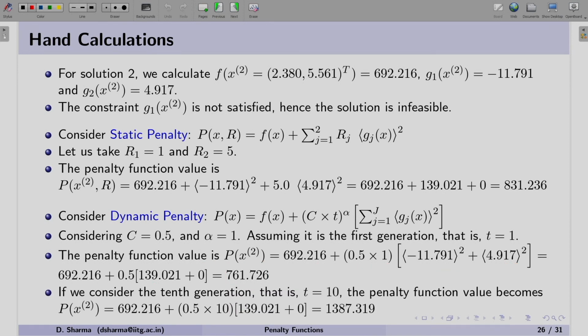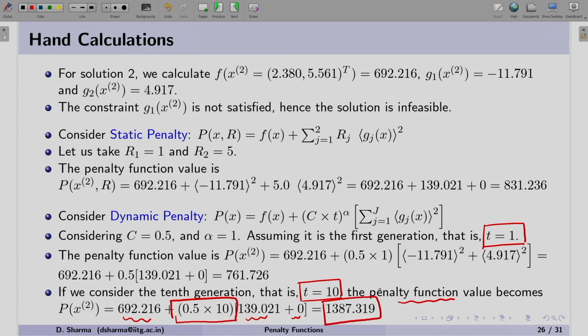Here, since we consider iteration or generation number 1, suppose we get the same situation in the 10th generation, then the dynamic penalty function value will become larger. Now you can see the change here, that 0.5 into 10. So this means 5, and then we have the same values of the bracket operator squared for g1 and g2, and we get a penalty function value.